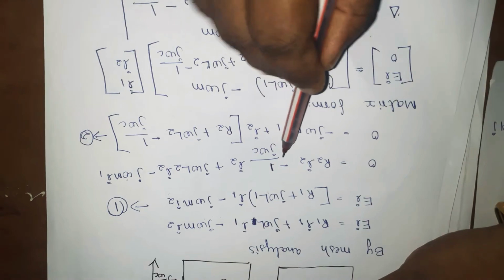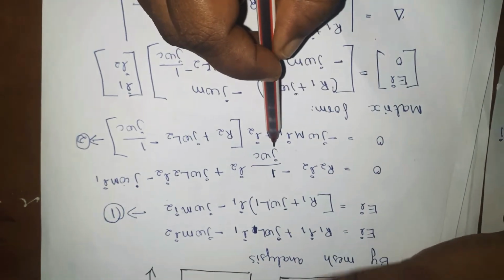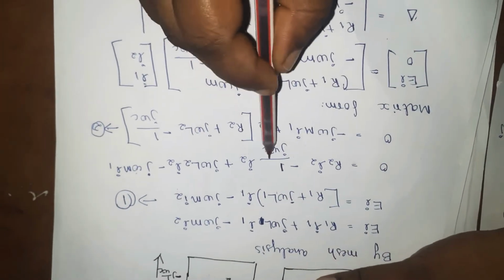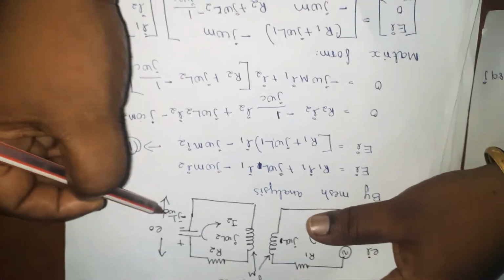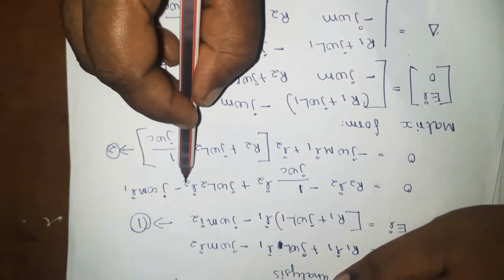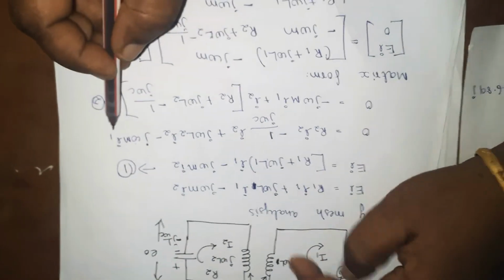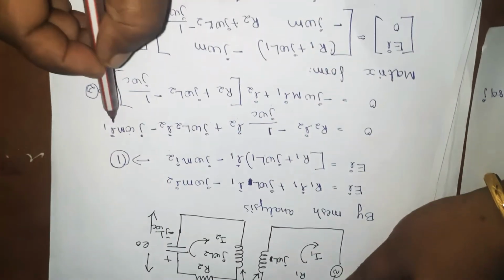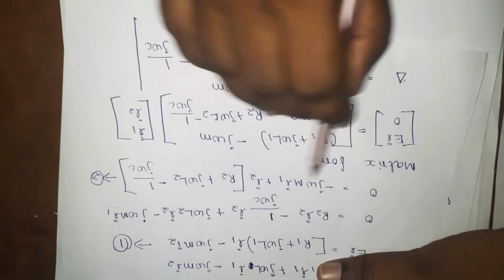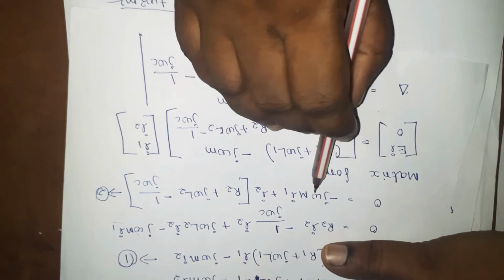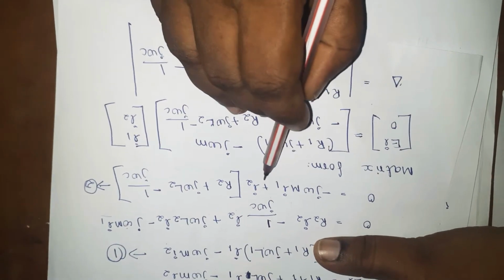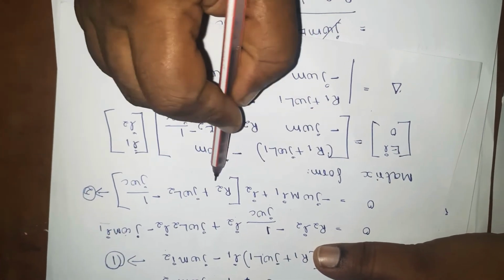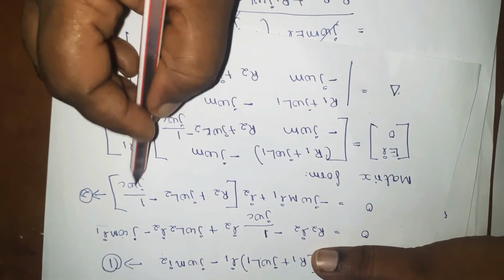Next you write the equation for coil 2. 0 equals R2 I2 minus 1 divided by j omega C times I2, which is for the capacitance, plus j omega L2 I2, minus the mutual inductance term, minus j omega M I1, considering the I1 current. So 0 equals minus j omega M I1 plus I2 times (R2 plus j omega L2 minus 1 by j omega C).